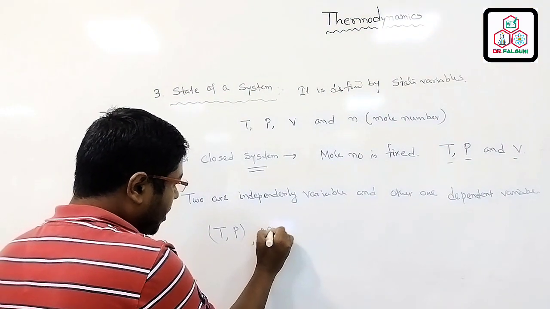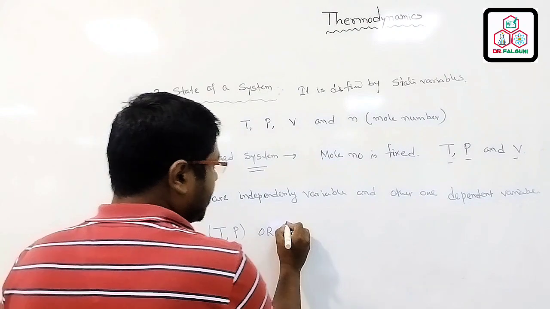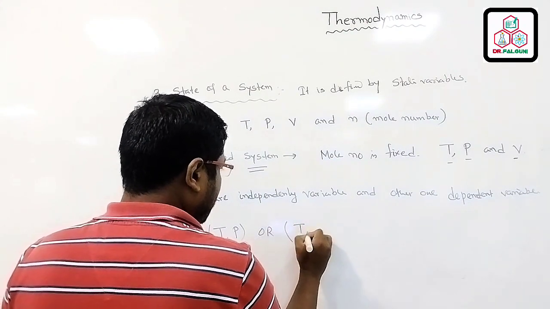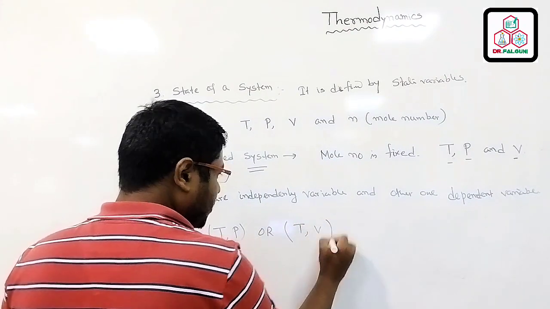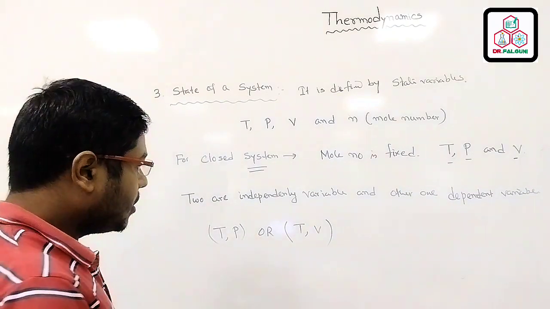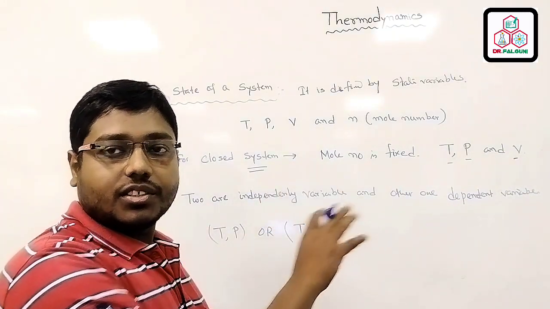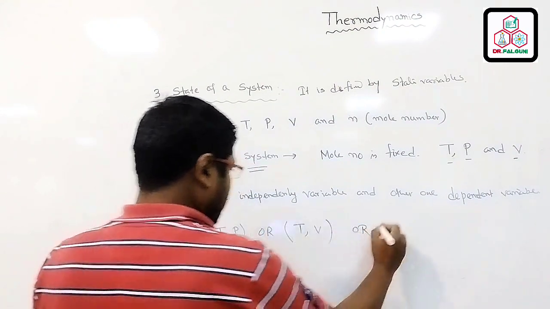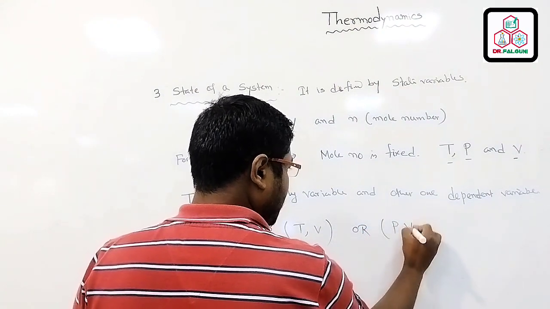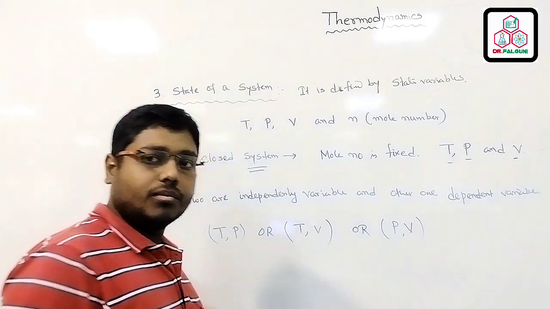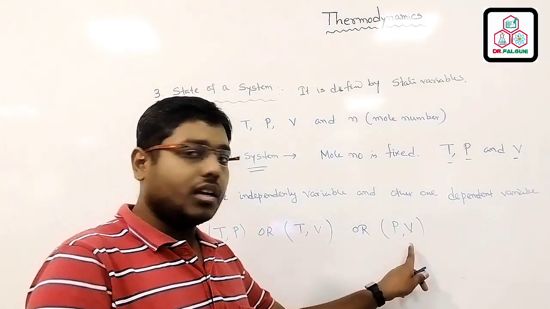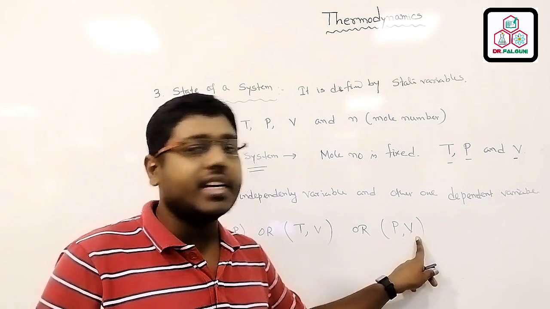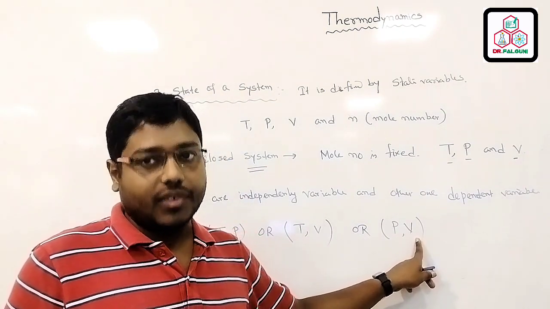Or you can say temperature and volume: if you change them for a system, pressure will automatically change. Or pressure and volume: if you change pressure and volume, these two are the independent variables.